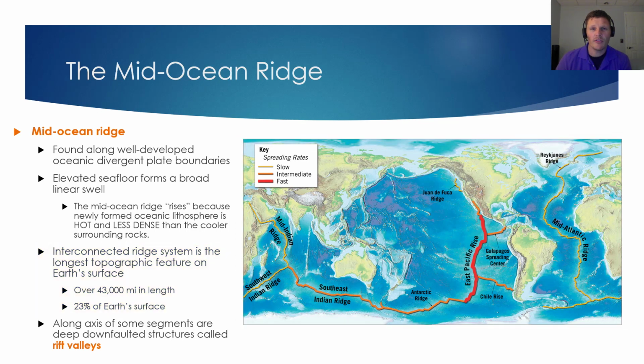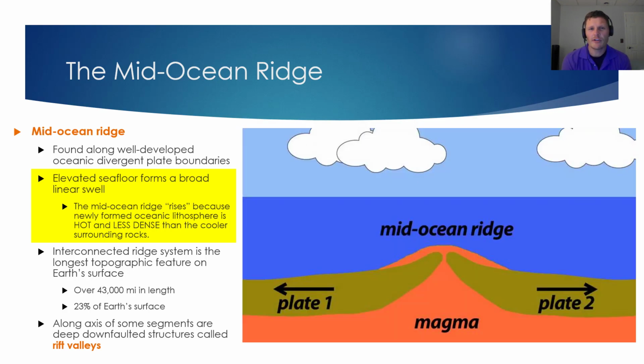There are two really important things I'd like to discuss regarding mid-ocean ridges. First, I'd like to explain why the mid-ocean ridge is an elevated feature. And as is often the case in Earth science, there is a fundamental concept that seems to explain quite a bit of what we see in nature. In this case, we are talking about density. The mid-ocean ridge rises because newly formed oceanic lithosphere is hot and it's less dense than the cooler surrounding rocks.